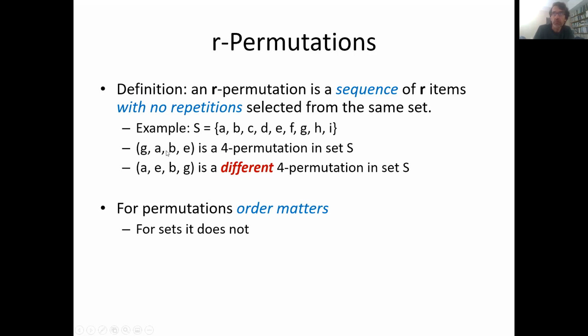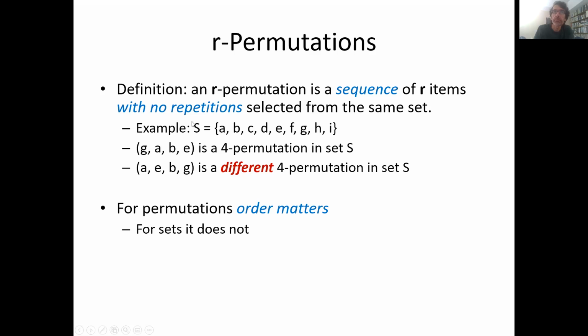We'll talk about what happens if you take a subset. If this is not ordered, then this would be simply an R-element subset of S. An R-permutation is an R-element subset with an ordering on the elements.